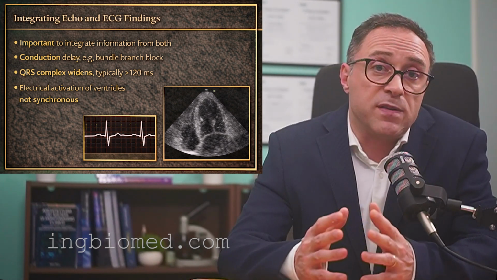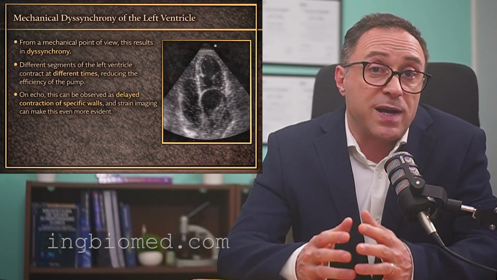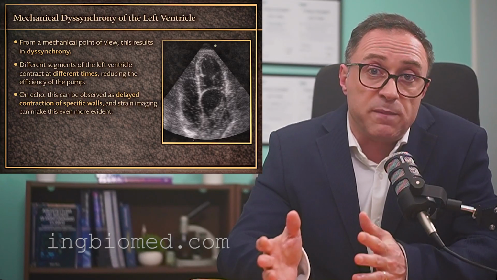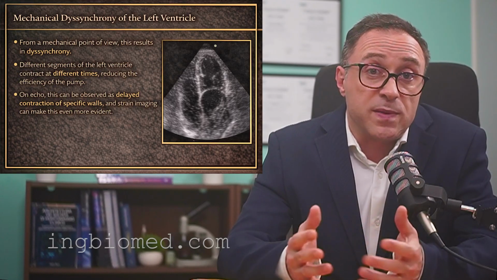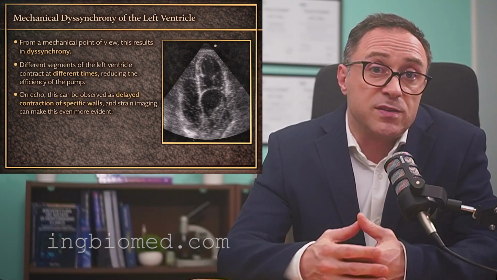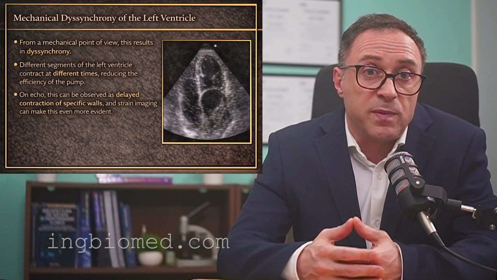This means that the electrical activation of the ventricles is not synchronous. From a mechanical point of view, this results in dyssynchrony. Different segments of the left ventricle contract at different times, reducing the efficiency of the pump.